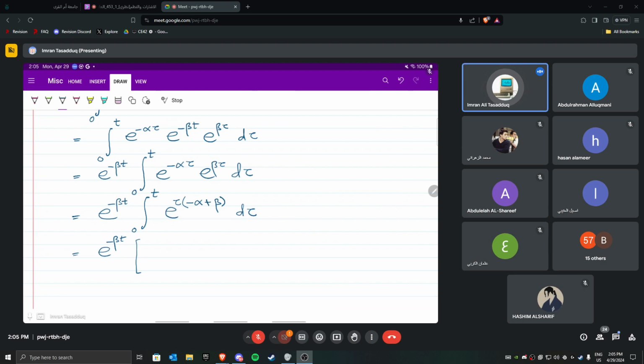The value of minus alpha plus beta divided by, exactly. So it should be e to the power tau times minus alpha plus beta, divided by minus alpha plus beta. The limits are 0 to t.